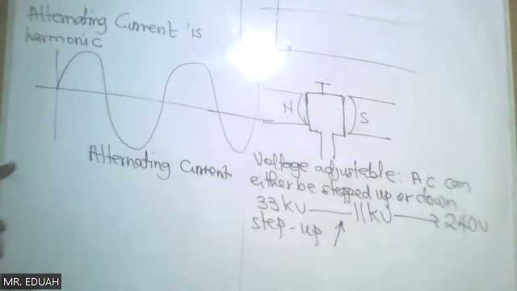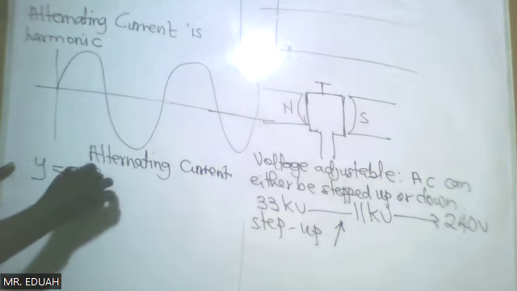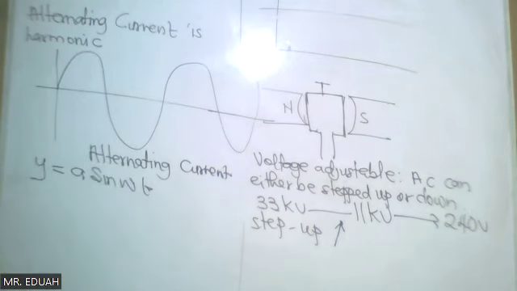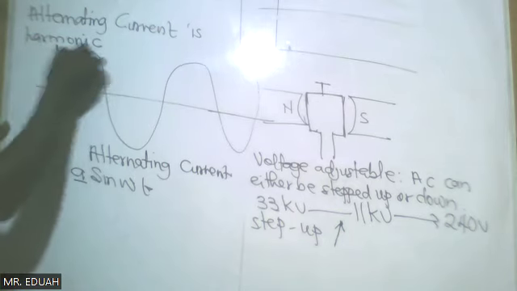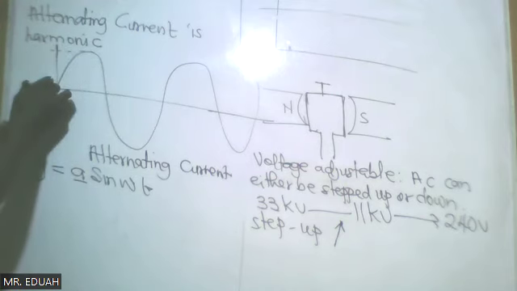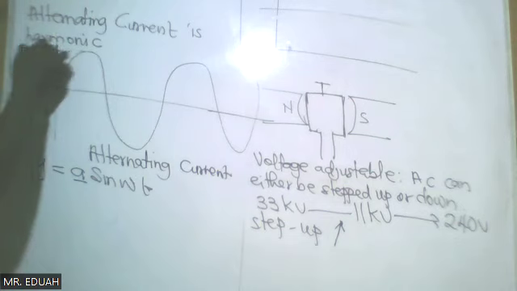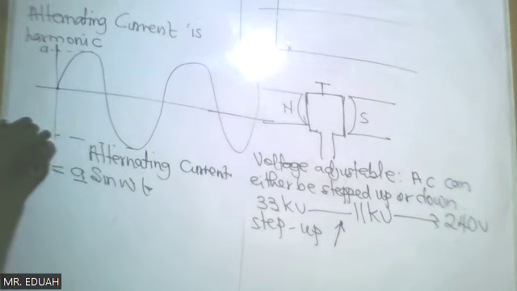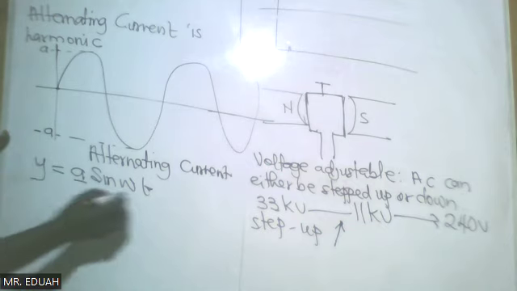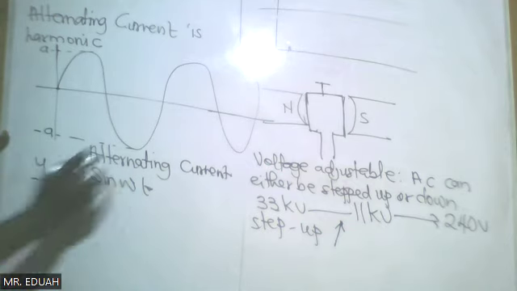The displacement equation of a harmonic function is given by y = a sin omega t. Here A represents the amplitude, which is the maximum displacement. From the equilibrium position to this point is the amplitude, and to this point is minus A. Y is the displacement at any time t.